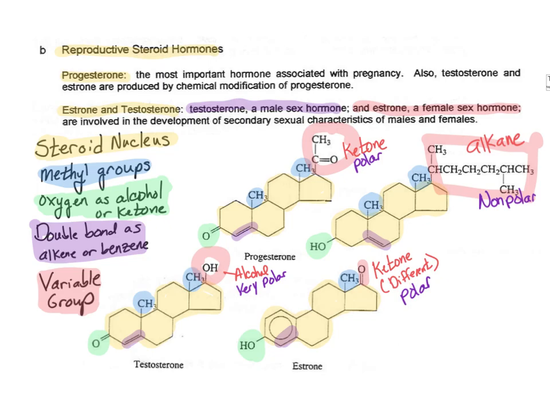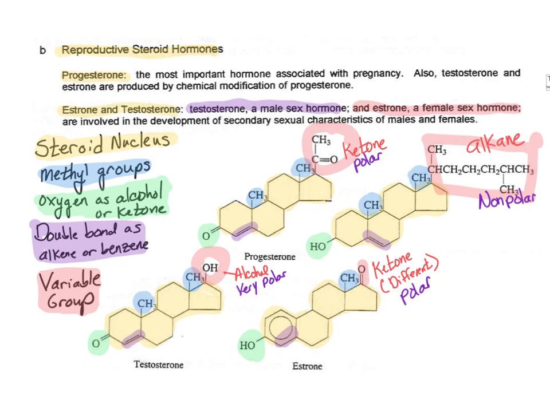So men tend to have more testosterone, and so they build muscle faster because testosterone is an anabolic steroid, which means it's a muscle building hormone, and estrogen is found in higher concentrations in women. But again, we all have all of them. Just the amount of each will give us some idea of whether you have more male characteristics or more female characteristics.